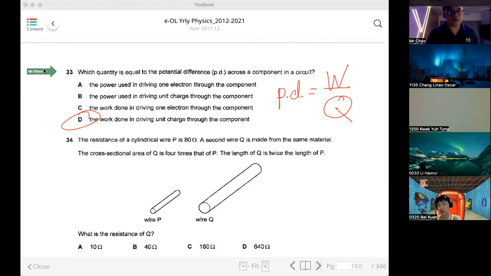Okay, now we will just stop here. The last question we're going to do today is 34. Then we will continue the other questions next week. Okay, do question 34 now. Bei Kuan correct. Yifan, try again.